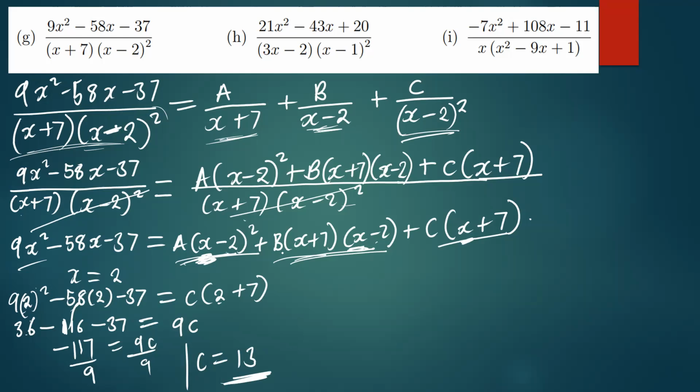So we do the same for the other values, the values of b and a. If I want to eliminate this expression there, since I already found c, meaning I can eliminate c, I can also eliminate any part that contains x plus 7, which is b.